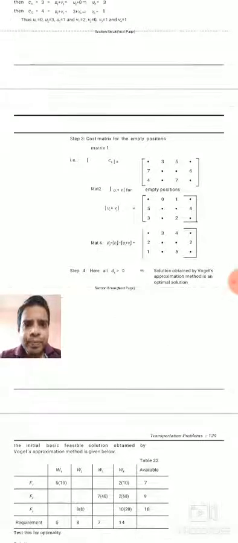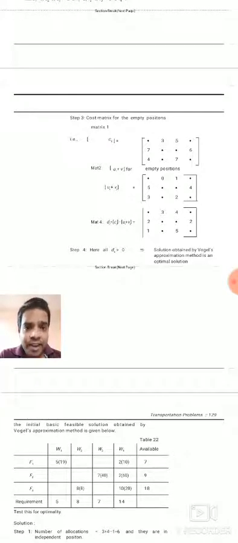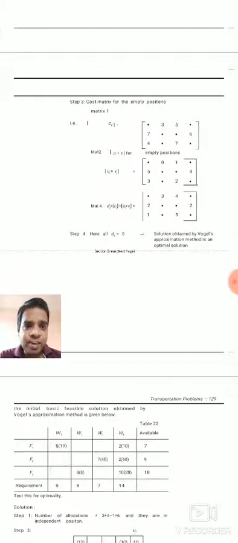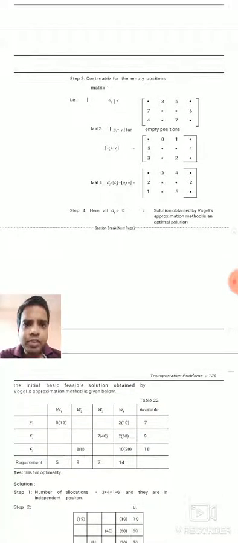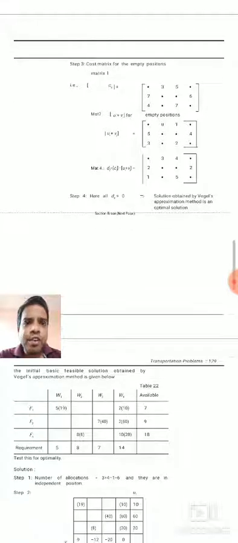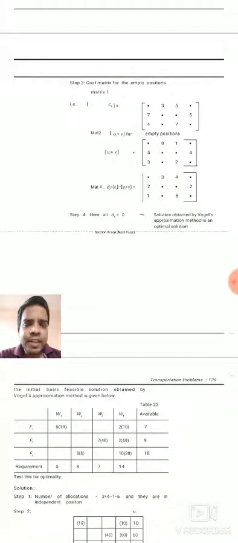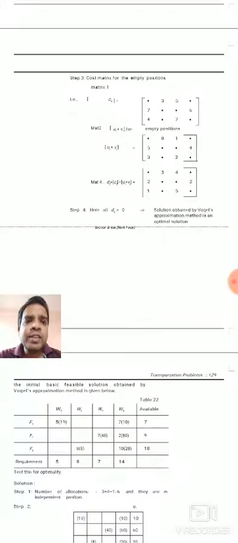Now in step 3 we need to compute Cij for the unallocated cells, that is matrix 1. In step 3, matrix 1 represents the matrix taken from the unallocated cells, that is Cij. Now in matrix 2 we need to compute ui plus vj for the empty positions, that is for the unallocated cells.